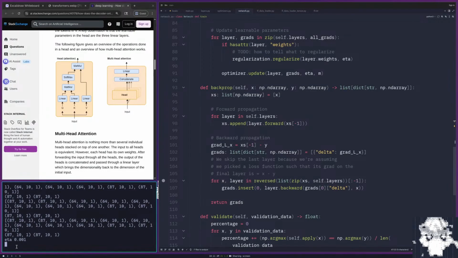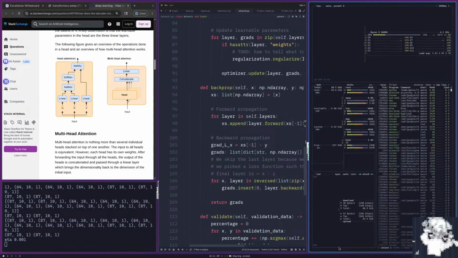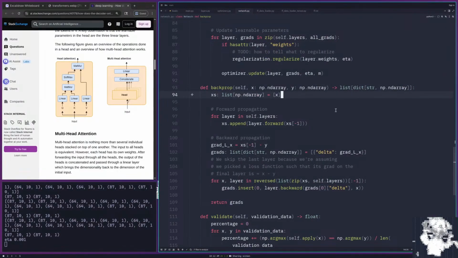It's doing something, but it's not using my CPU. Why would it not be using my CPU?